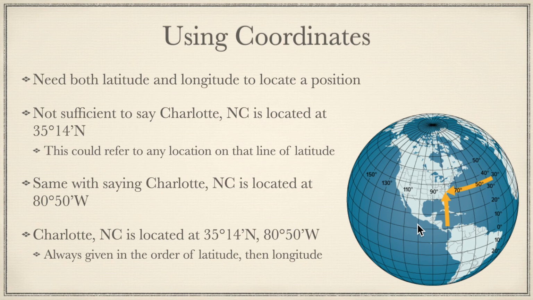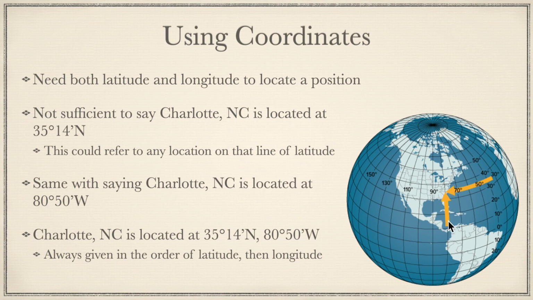So same thing if you said Charlotte, North Carolina is located at 80 degrees 50 minutes west. Well, that could be anywhere on that meridian or that line of longitude. But Charlotte, North Carolina is located at 35 degrees 14 minutes north and 80 degrees 50 minutes west.